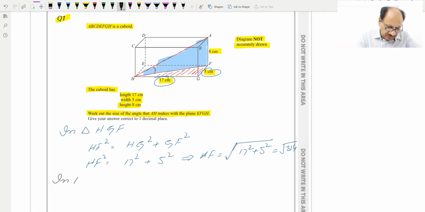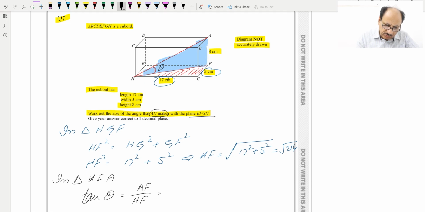So in triangle HFA, we require this angle, as they are saying the angle between AH and the plane. We can use sine, cos and tan, so we can take tan theta. If we take this one as theta, tan theta will be equal to AF over HF.